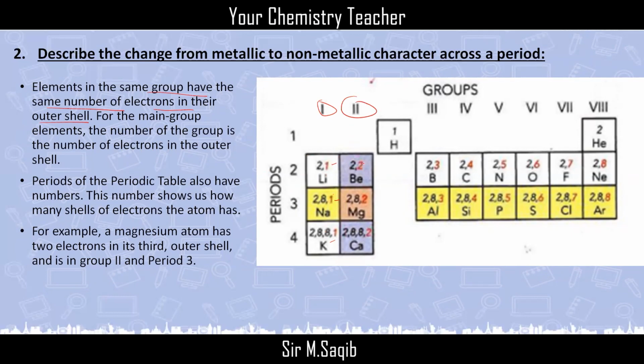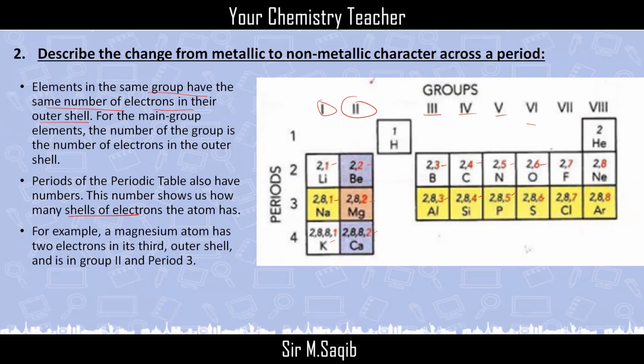Group 2A have 2 electrons in their outermost shell. Group 3A have 3 electrons, group 4 have 4, group 5 have 5, group 6 have 6 electrons, and so on. The outermost shell electrons are also called valence electrons. Periods show the number of shells.